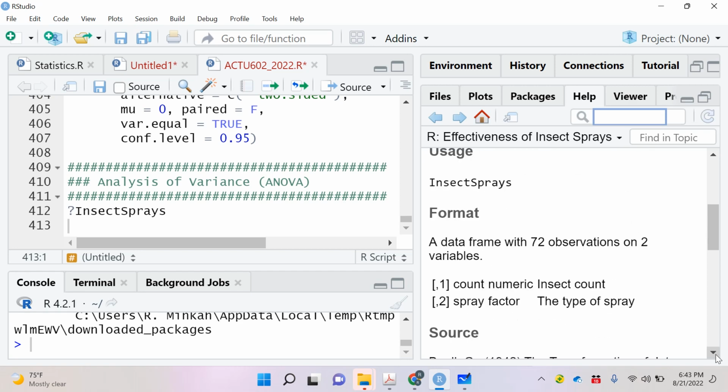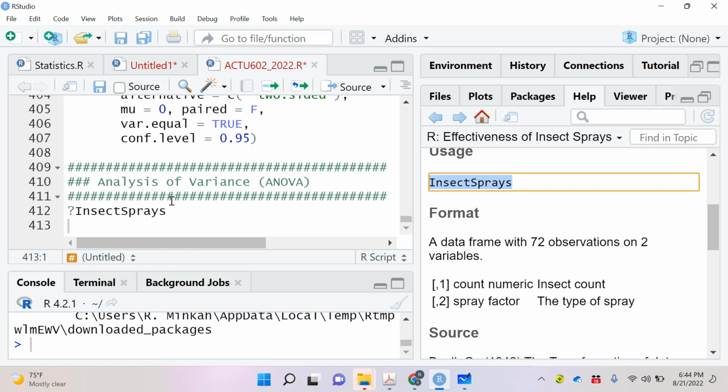How can you do a box plot of it? It says it's a data frame of 72 observations on 2 variables. Variable 1 is the count, and variable 2 is spray, which is a factor. So how are you going to plot a box plot for this? Have you done it? But is that what you need to get? Display the data and you will see.